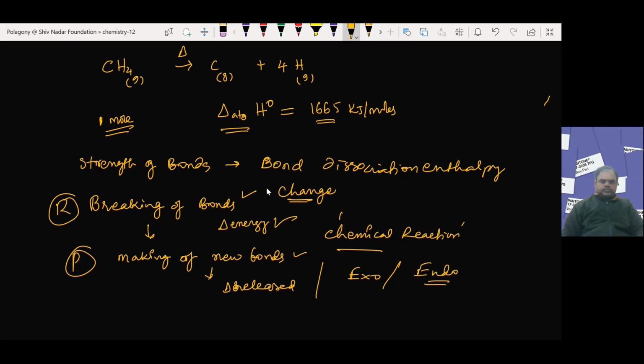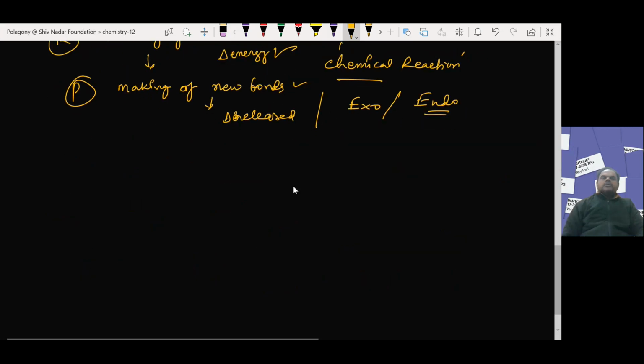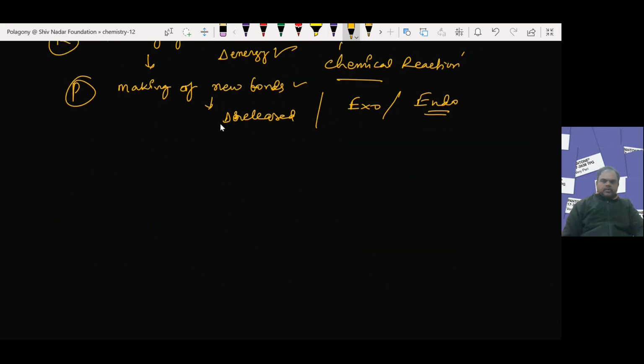There are two types of thermochemical reactions, classified based on energy absorption and release. One is exothermic chemical reactions, where the enthalpy change is negative, and the other is endothermic chemical reactions, where delta H will be positive.